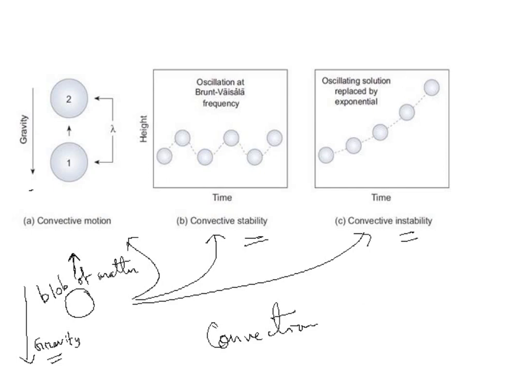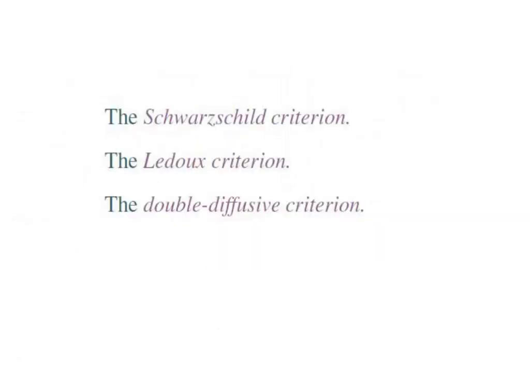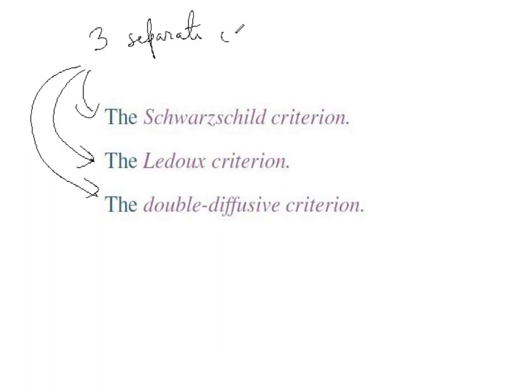Now, based on this very basic idea, what we are going to do is impose particular physical conditions on how the blob of matter is moving, and you will see that this leads us to 3 separate criteria for convective instability.